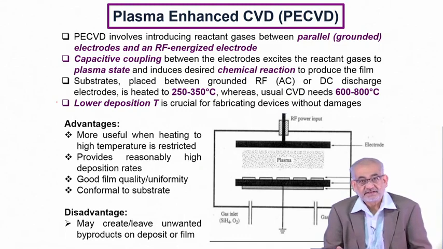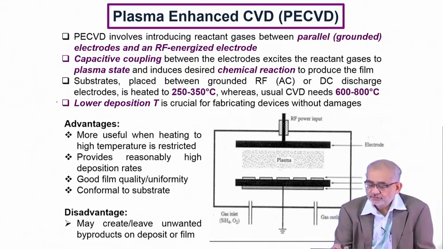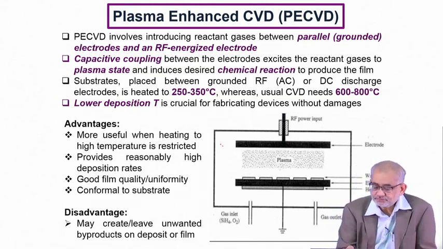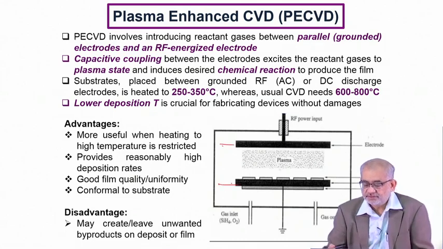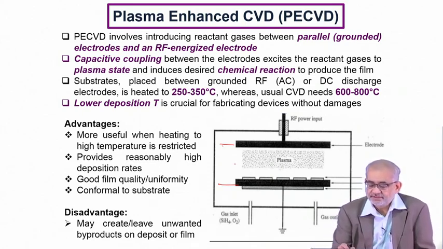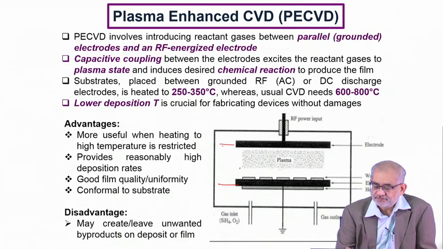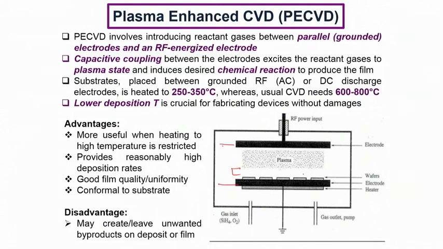In plasma enhanced CVD, we need two different electrodes, and then create a potential difference, an electrical discharge, and then you create this plasma. There'll be a certain amount of dead zone here, and these are the substrates on which you want to deposit. Once you create the plasma, the deposition is controlled by the thickness of this plasma layer, or the so-called dark sheath in between.